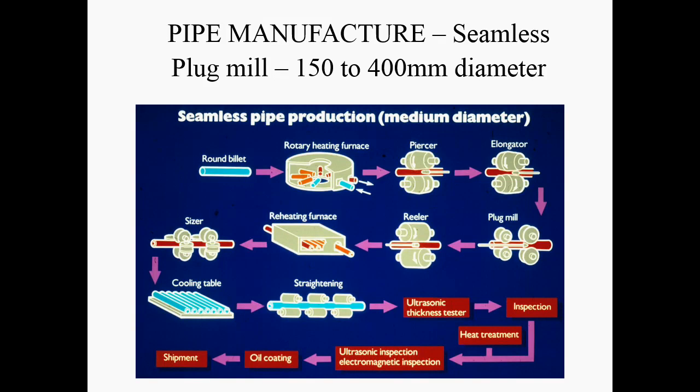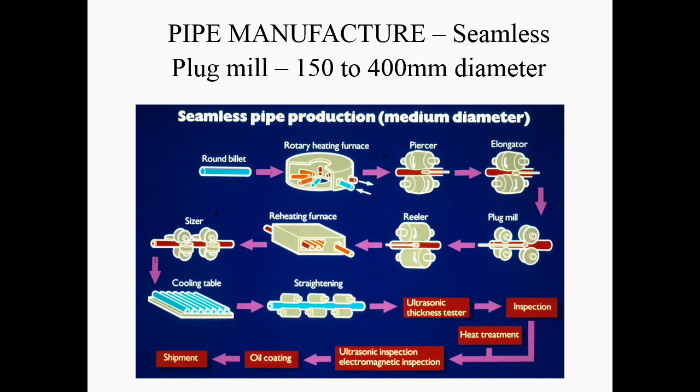You have to do lots of steps on the way, but it does give you the possibility of making weld-free pipe sections. So you start off generally with a round billet, and you can't plastically deform a material to make a seamless pipe at room temperature. You have to heat it up to a very high temperature. So there's a rotary heating furnace usually that's used where a cold billet is put in, and then the table rotates a bit, and then another billet is put in and it rotates a bit.